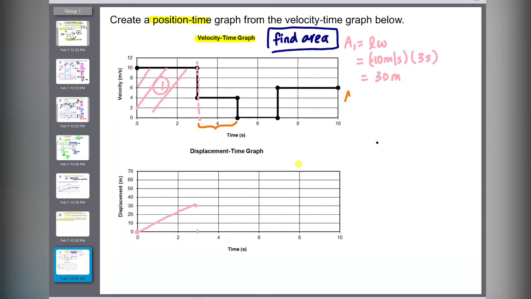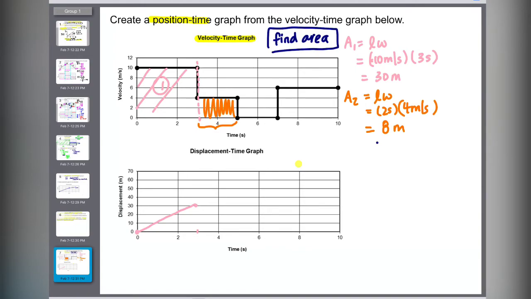Okay, now I'm going to do from 3 to 5 seconds. Area 2 will be these guys. I have length times width. The total is 2 seconds and the height is 4 meters per second, so a total of 8 meters has been traveled.